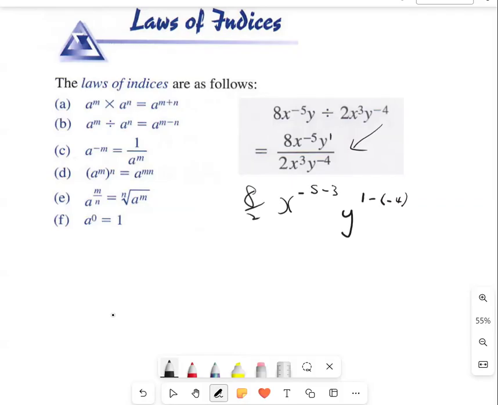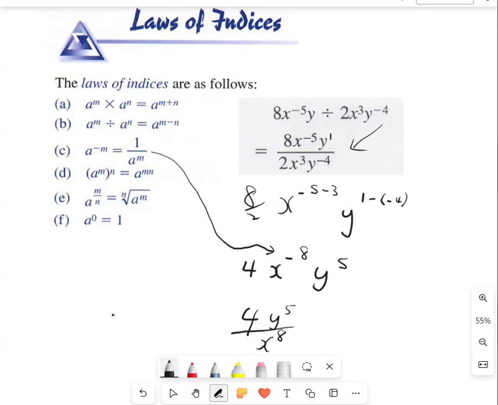So that becomes, well, 8 over 2 is 4. This here becomes x to the minus 8, right? That now becomes y to the 5th power. And if you were to use this rule here, this will become 4y to the 5th power over x to the 8th power, because we have x to the minus 8, you see?